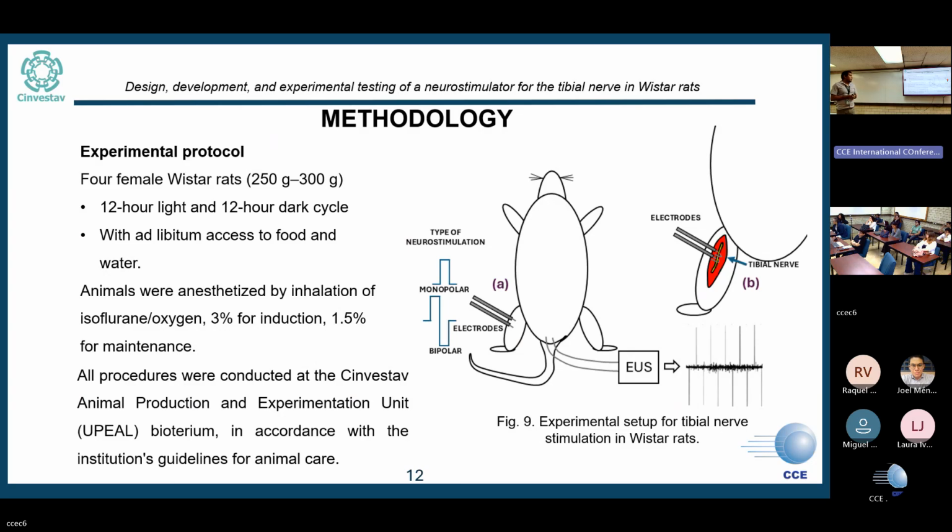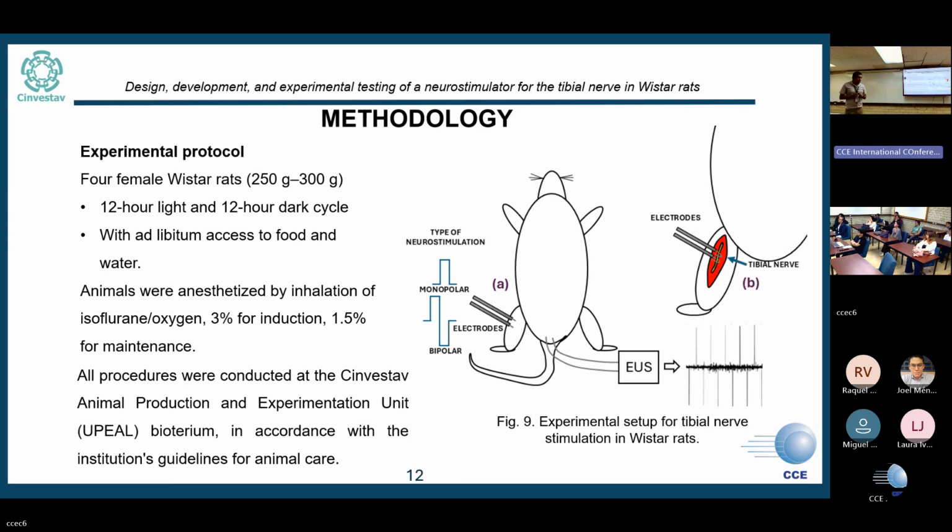And we used an anesthetic by inhalation of isoflurane, a combination of isoflurane and oxygen, 3% isoflurane for the induction and 1.5% for the maintenance. Of course, all procedures were conducted at the Animal Production and Experimental Unit and in accordance with the institution guidelines. So in figure 9, we can see the experimental setup.